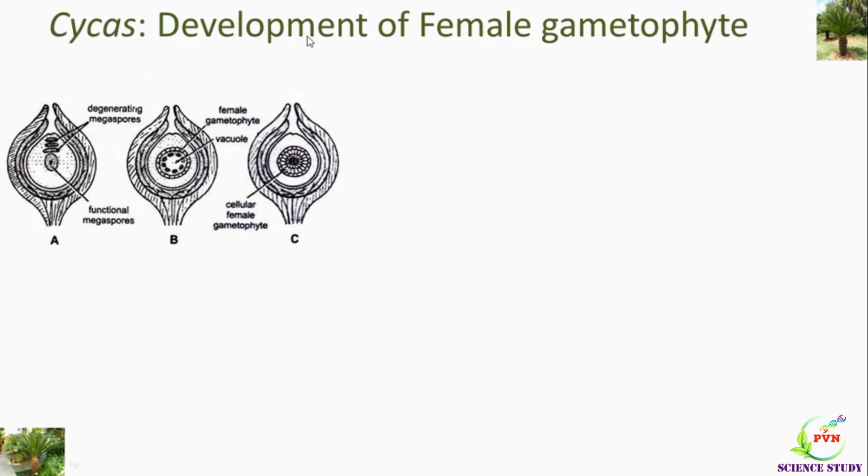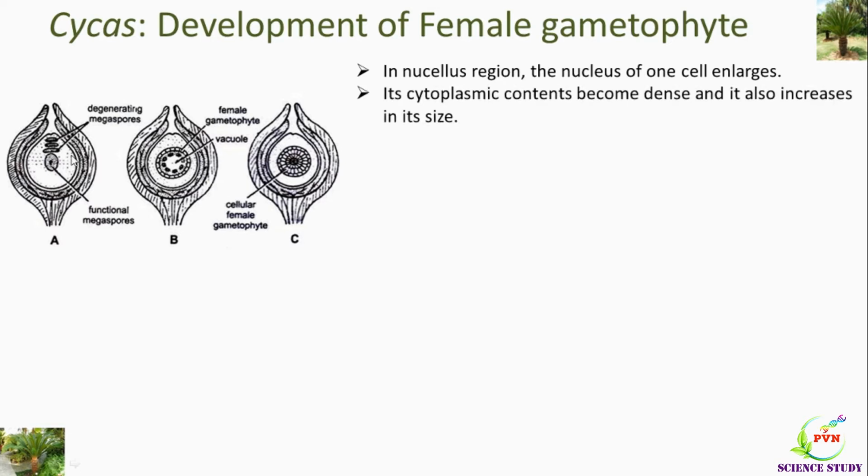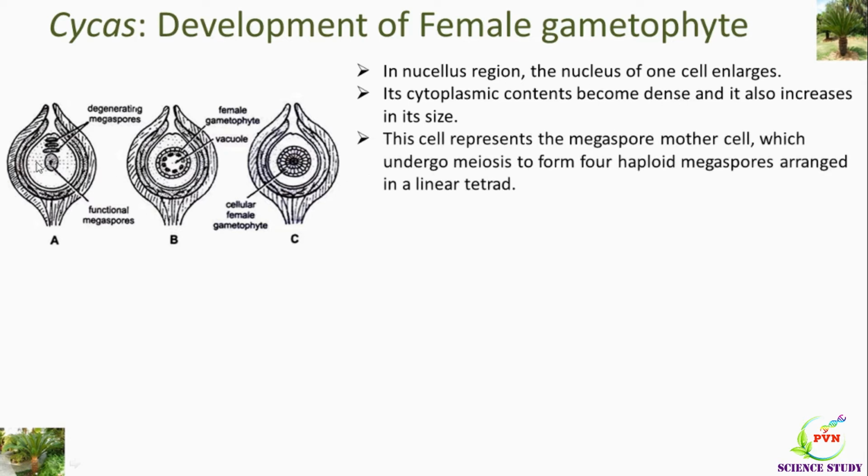Now we will study the development of the female gametophyte in Cycas. So this is the ovule of Cycas, in which we can see the central part, that is the nucellar region. In this nucellus region, the nucleus of one cell enlarges and the cytoplasmic content becomes dense. Now this cell represents the megaspore mother cell.